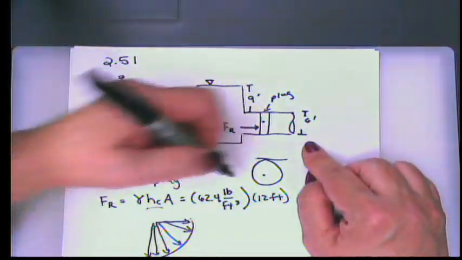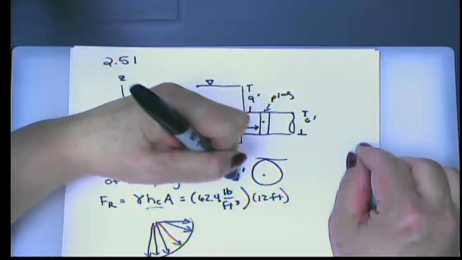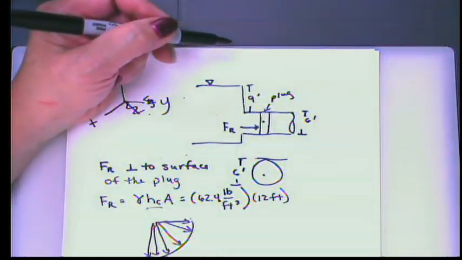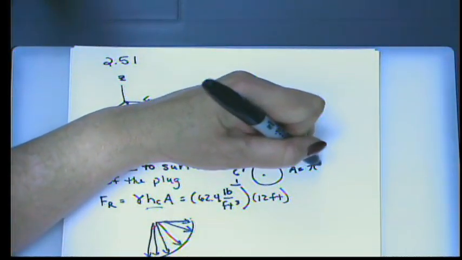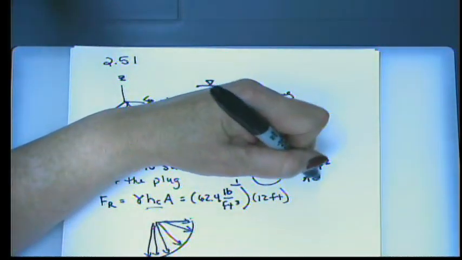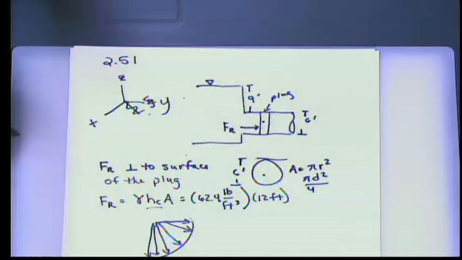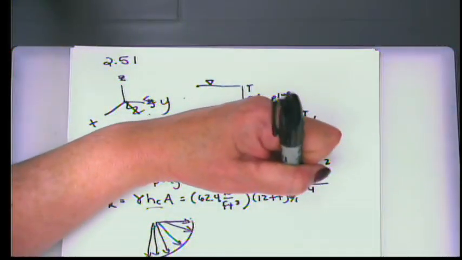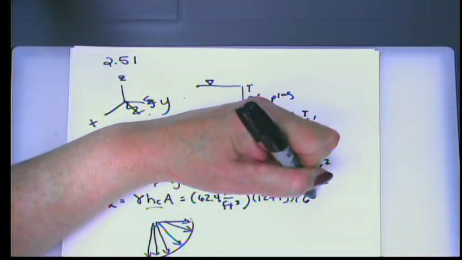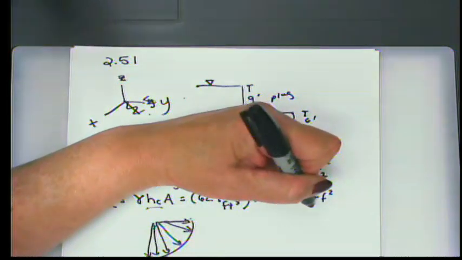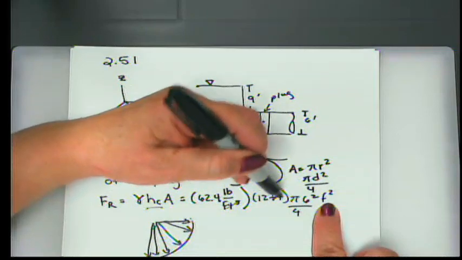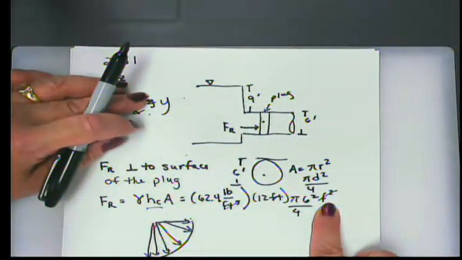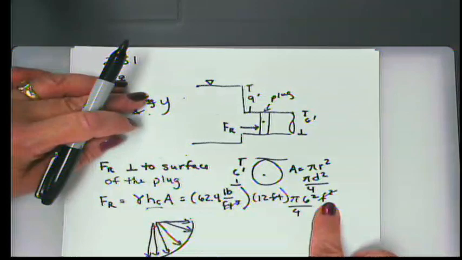If the plug is 6 feet in diameter, as we can see from this picture up above, we can say that the area is equal to either pi r squared or pi d squared over 4, and either way is fine. But if we take pi times d squared in feet over 4, we have feet squared times feet, so feet to the third on the bottom and feet to the third on the top, and it cancels out.